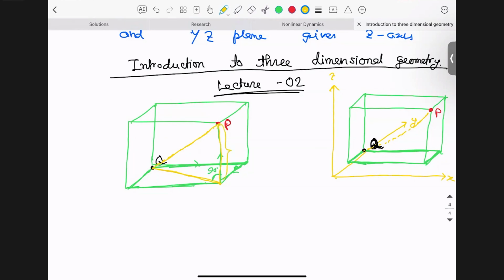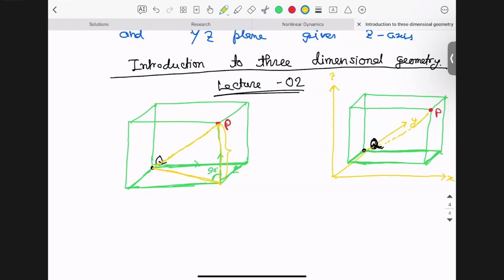What is the distance? This is the Z distance, right? So the Z distance means this is the extra height from Q, the extra height achieved by P which is not achieved by Q, right?